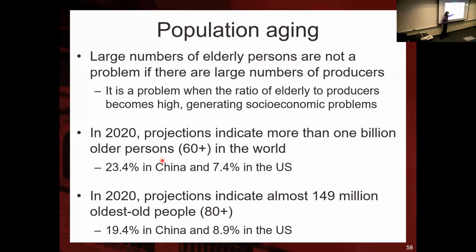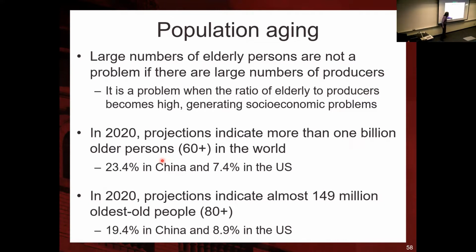So 1 billion people with at least 60 years of age right now in the world. And 23% of them are located in China. That's crazy, right? Almost a quarter of all this population of people with at least 60 years of age are located in one single country. And around 7.4% of them are living here in the US.